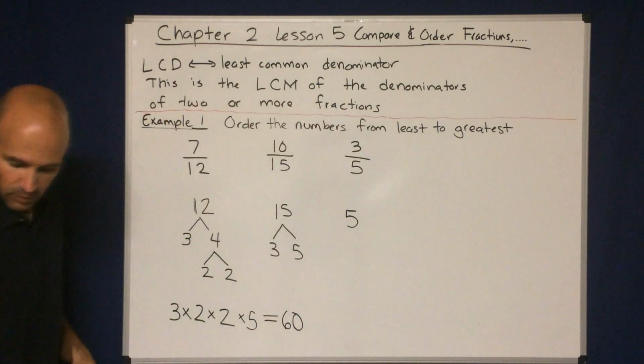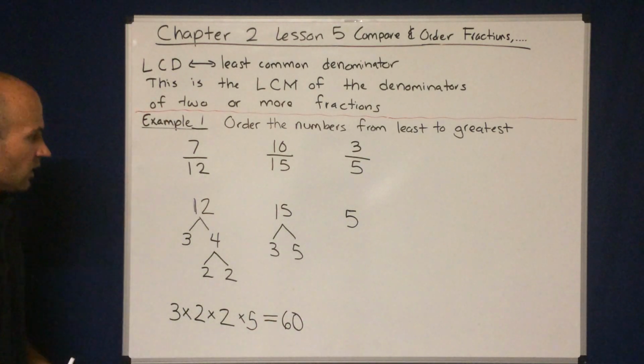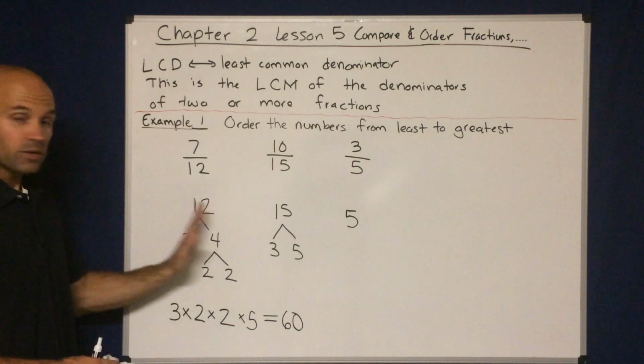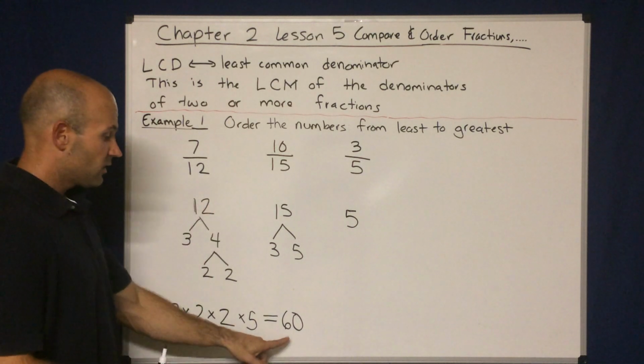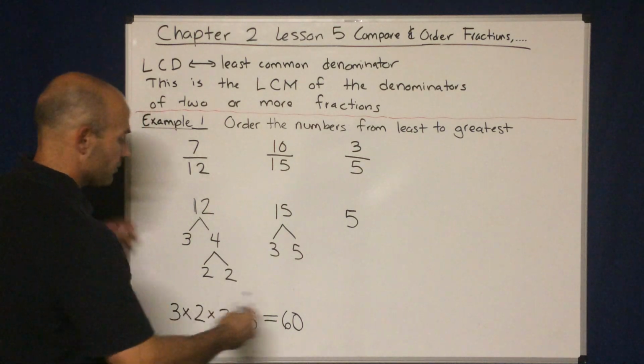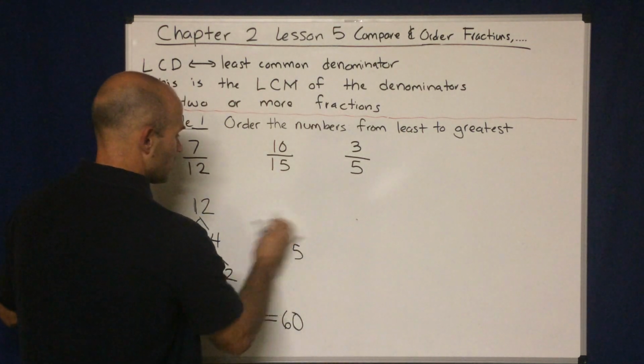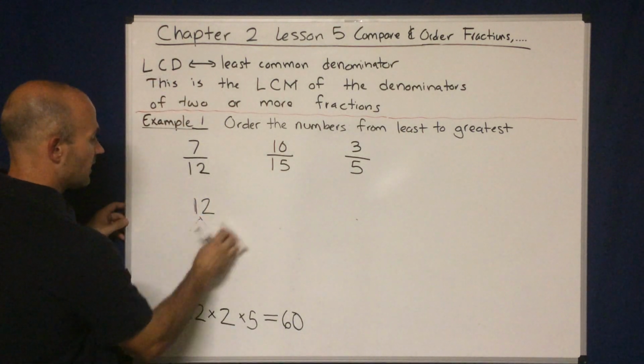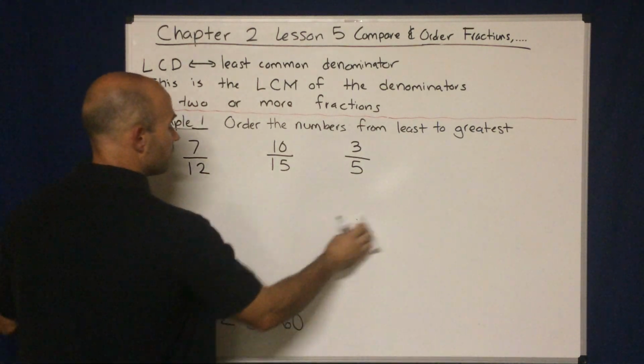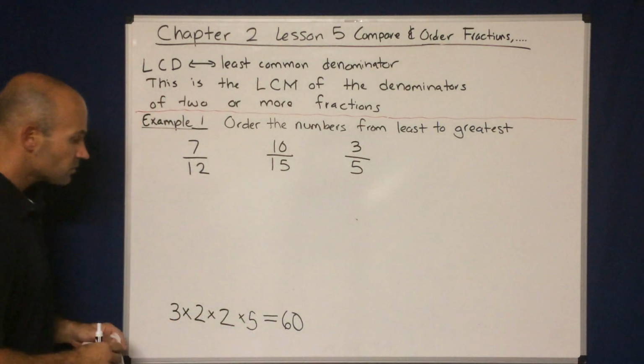And so just some arithmetic one has to do off to the side. We are completely done with our factor trees, so we no longer need them. The key thing was getting this least common multiple of the denominators, and this number 60 is my least common denominator of these 3 specific fractions.